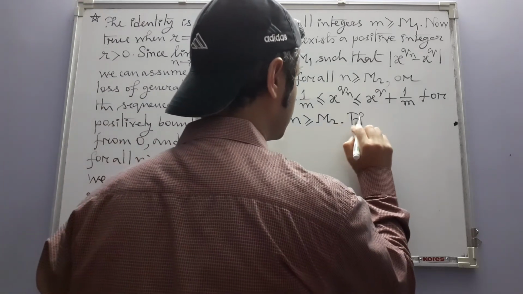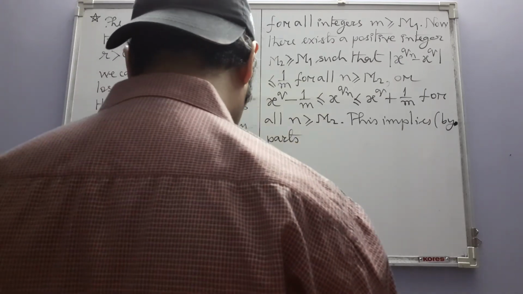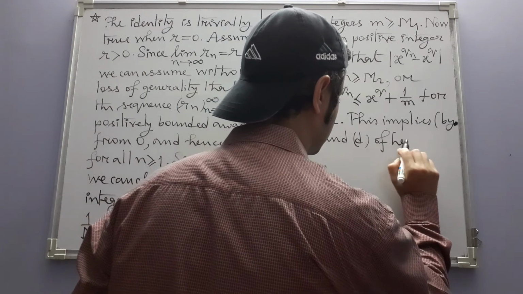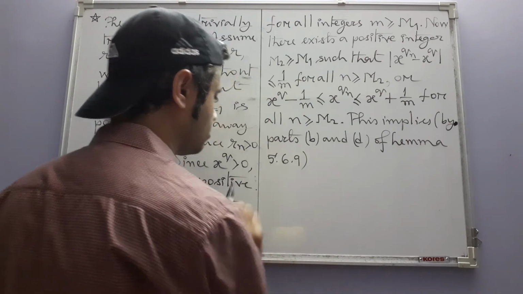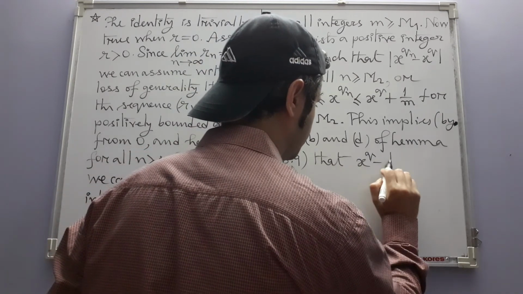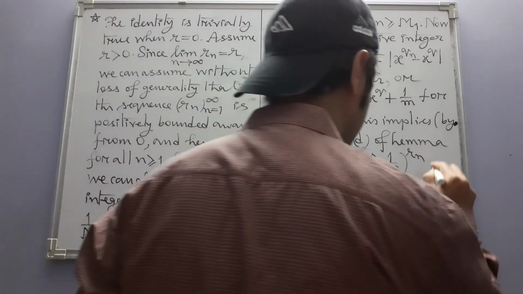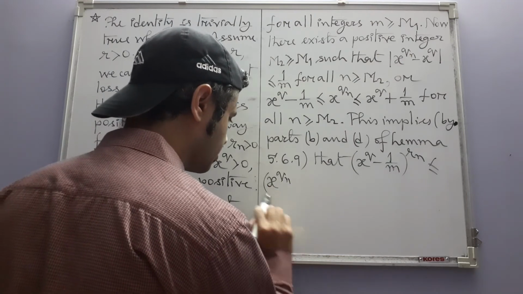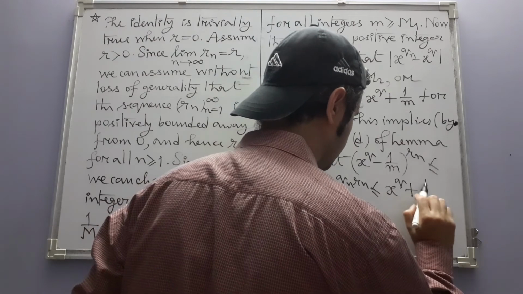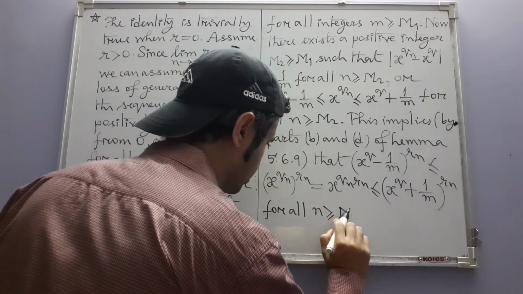This implies, by parts A, B and D of lemma 569, that x to the power q minus 1 over m whole to the power rn is less than or equal to x to the power qn whole to the power rn, which is equal to x to the power qn rn, which is less than or equal to x to the power q plus 1 over m whole to the power rn, for all n greater than or equal to m2.